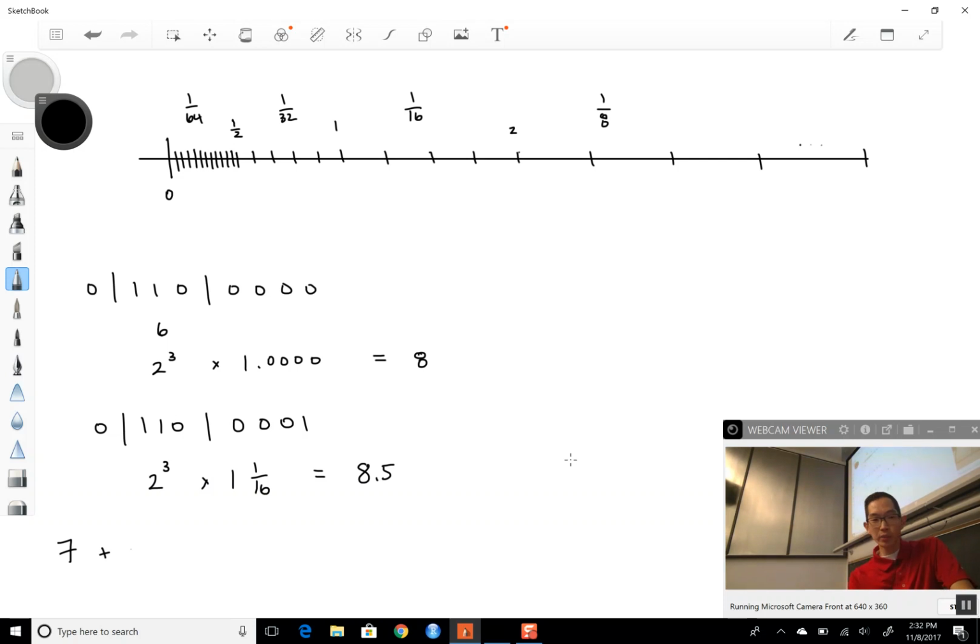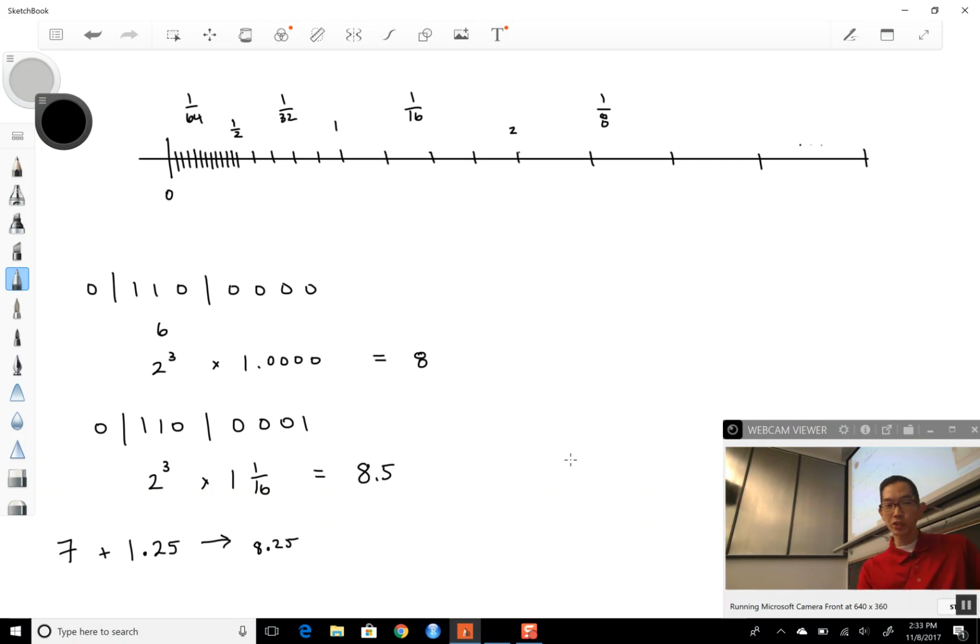We can also represent 1 1/4. Both of these numbers have representations in our mini float system. But when we combine these, now we're going to get a value of 8.25, which doesn't have a representation anymore.